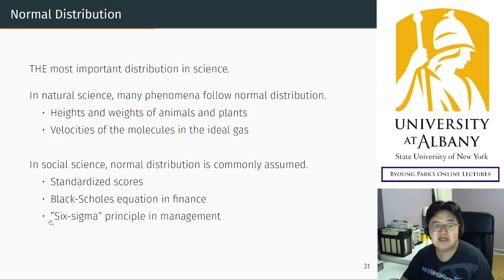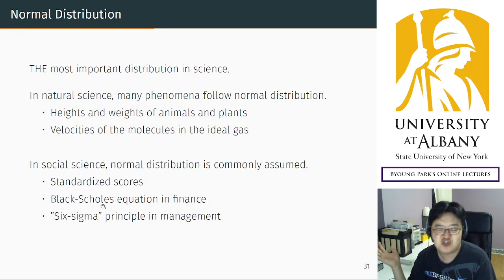And Six Sigma, if you have heard about Six Sigma, is in management, and it's about quality control. In manufacturing, there are always manufacturing errors, but how much do you have to minimize that error? It was in the prime time of General Electric, GE, which is in our town.